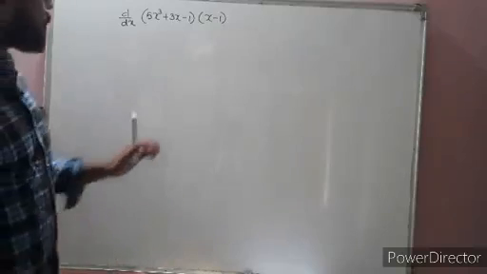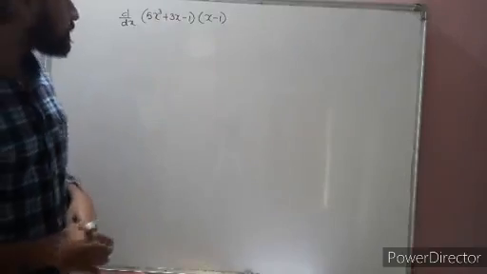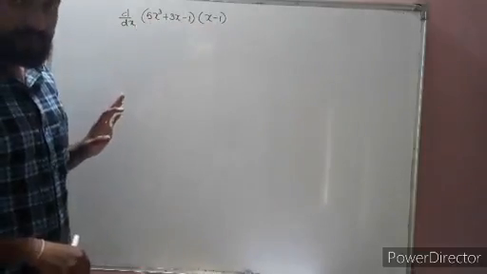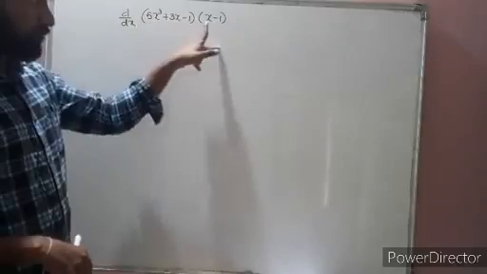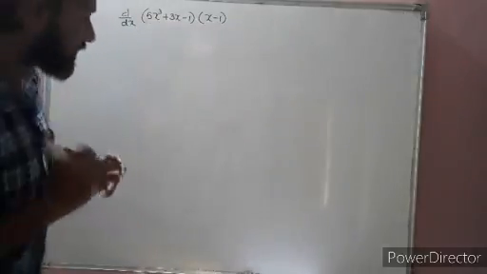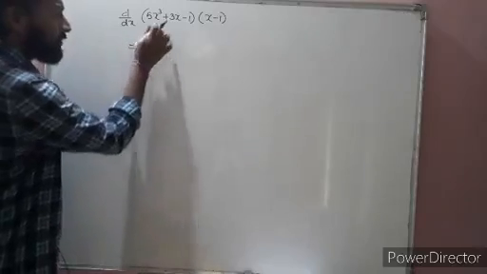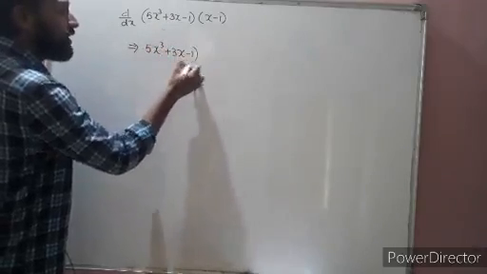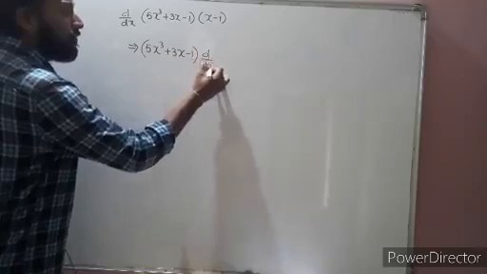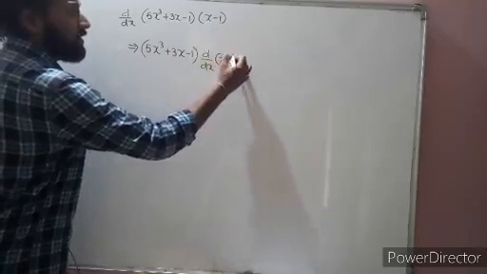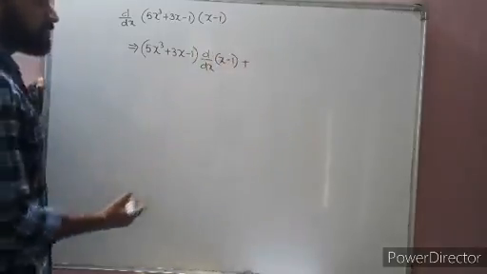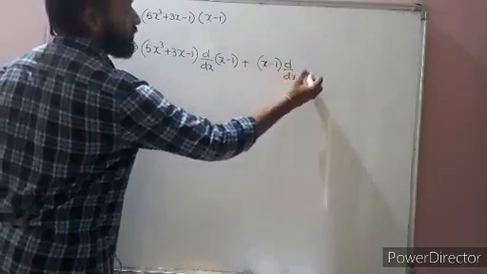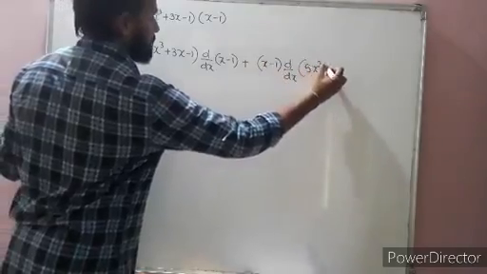Well, my dear students, we have one more question again from 11th standard. D by dx of one function into another function. So multiplication is there between two functions, then a very good rule number 3. What does rule number 3 say? First function as it is, (5x cube plus 3x minus 1), then derivative of second function, plus second function as it is and derivative of first function.